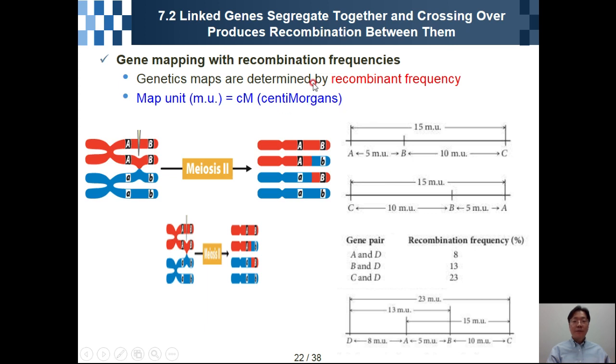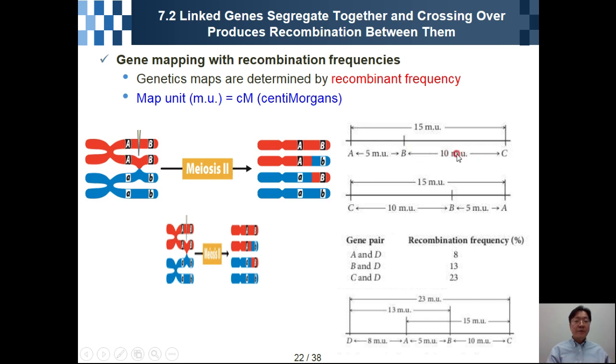Morgan found this, so we call it centimorgan, or mu. For example, the distance between A and B is 5 mu, which means the recombination frequency is 5%. How about B and C? For B and C, the recombinant frequency is 10 mu, which means 10%.